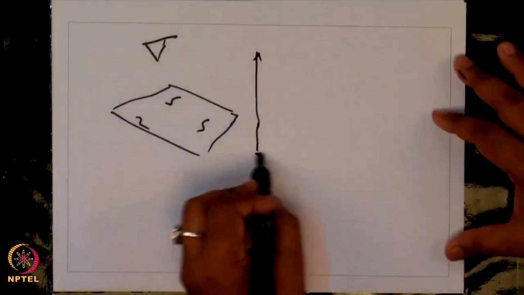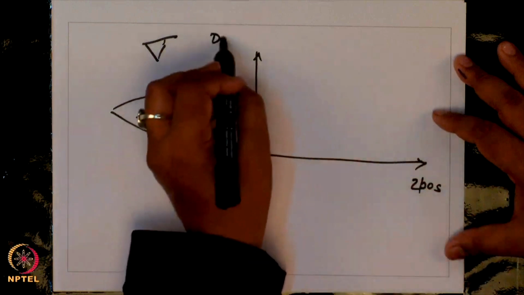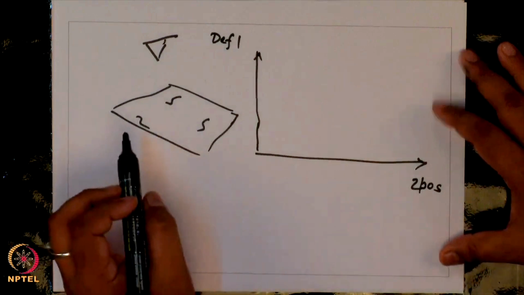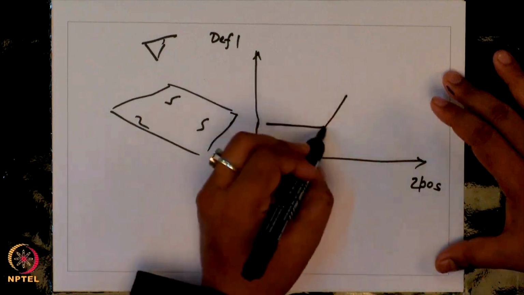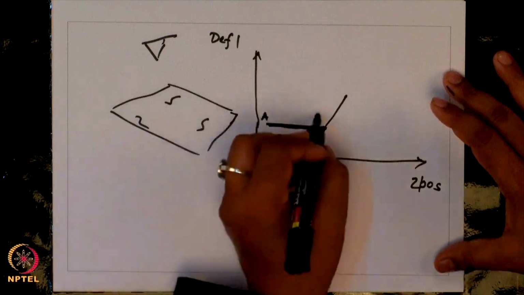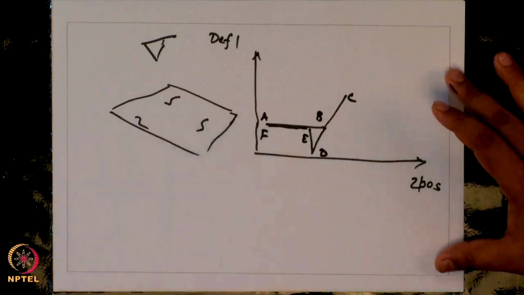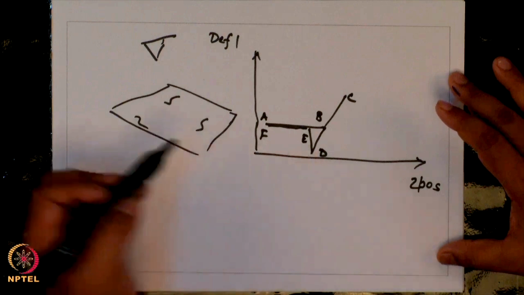Let me again draw the force curve. For the case where the tip does not touch the protein, you will have a curve something like this. A, B, C, D, E, F. You will have a sharp peak here. What happens when the tip is travelling through air?